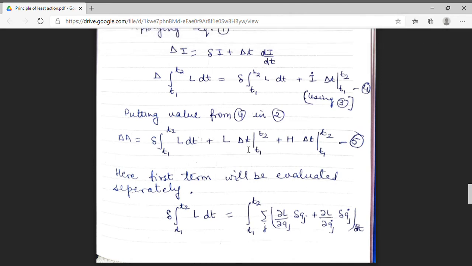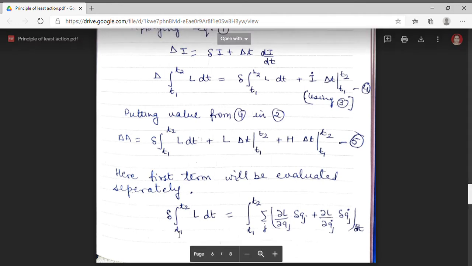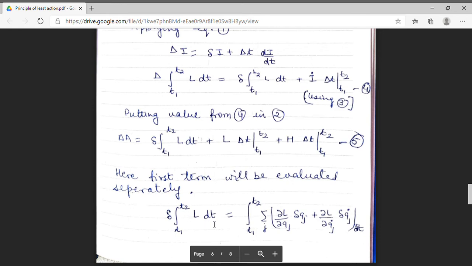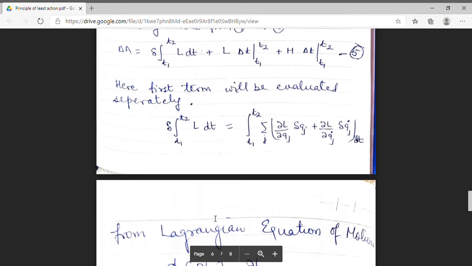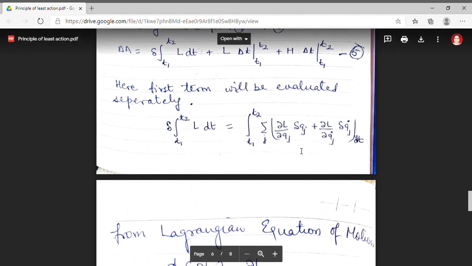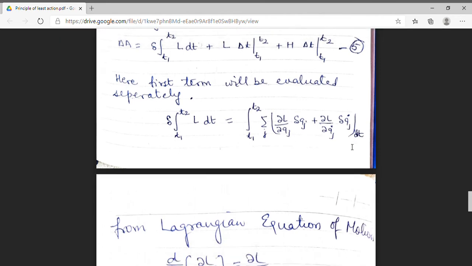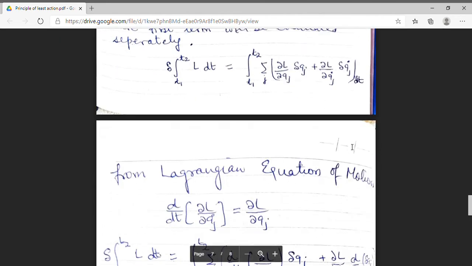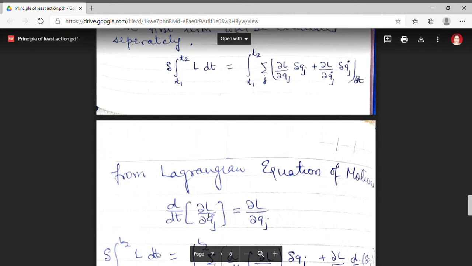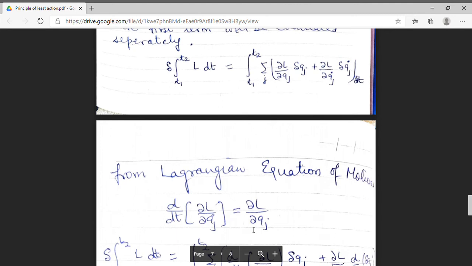In order to solve equation 5, I will find the first term of this expression. The first term is the variation of the integral from t1 to t2 of L dt. Since the Lagrangian depends on generalized coordinate qj and generalized velocity qj dot, I can express this term from its partial dependence in two terms. And from the Lagrangian equation of motion, I know that d/dt ∂L/∂qj dot minus ∂L/∂qj equal to 0.